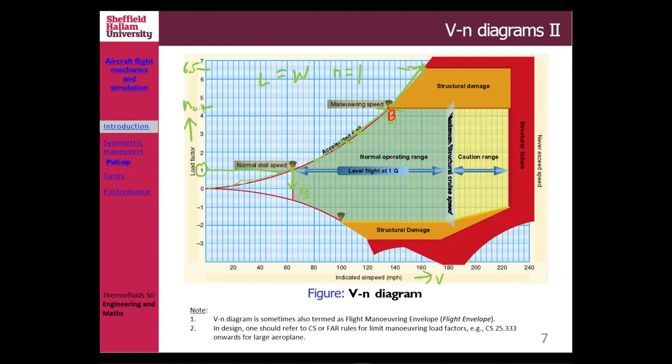So if you are flying at this speed, in this example I think that speed is about 130 something, so 135, for example, or 136, with the load factor of 4.4. That is the corner speed, or the maneuver speed, that your aircraft could do.